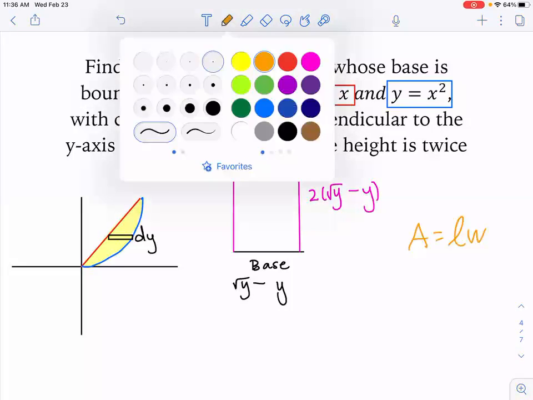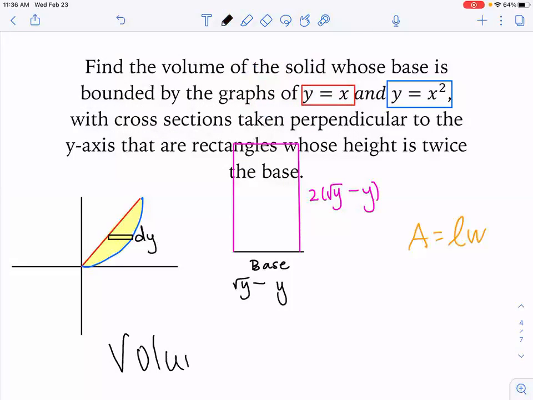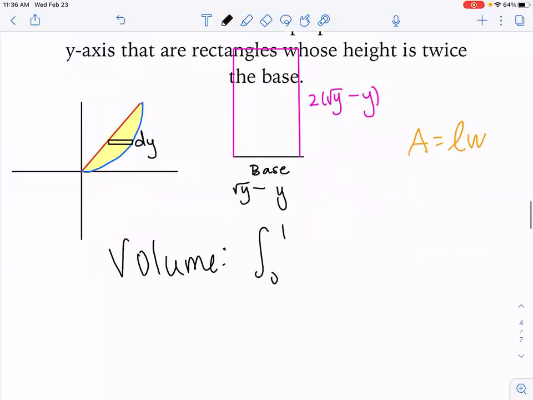All right, so the volume of this is going to be the integral from 0 to 1 of length times width dy. You said something about a 3. Area dy. Now, are you okay with how I wrote the area?